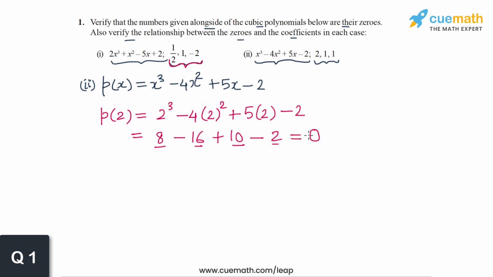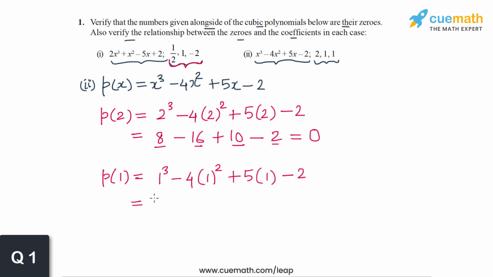So p of 2 is 0, which means that 2 is a 0 of px. Now let's find p of 1. So p of 1 is equal to 1 cube minus 4 times 1 square plus 5 times 1 minus 2.